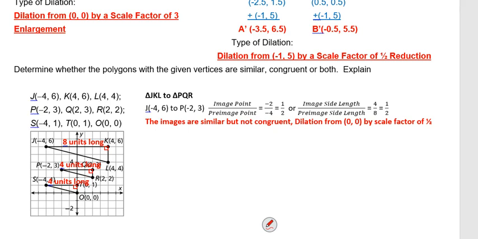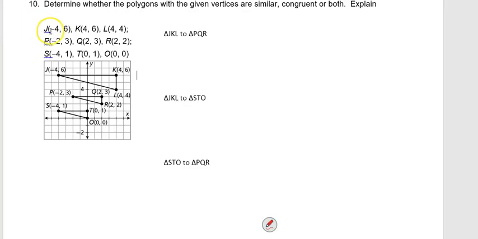The next part we're going to do is figure out the relationship between JKL and STO. This one's a little different because we know that the middle one was simply a dilation.